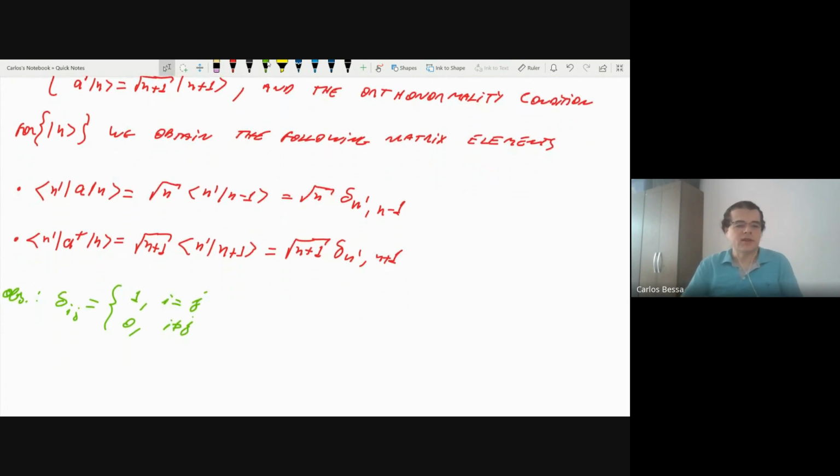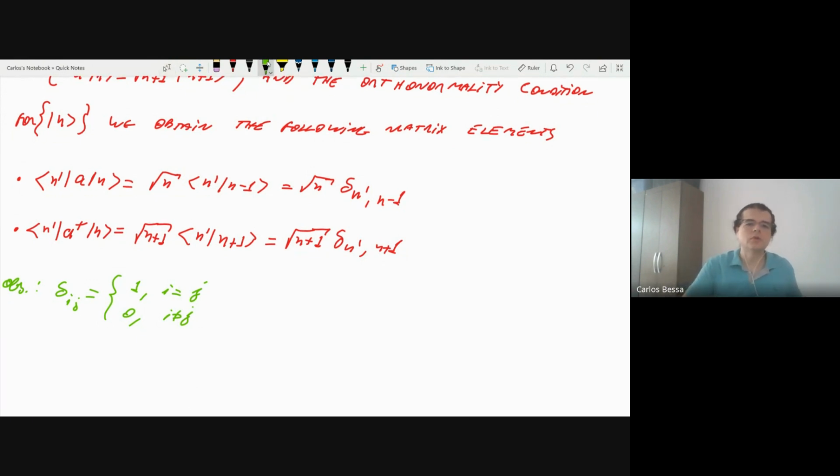We can find the wave functions psi for the harmonic oscillator. And then we stop the quantum mechanics part and go to the quantum computing.